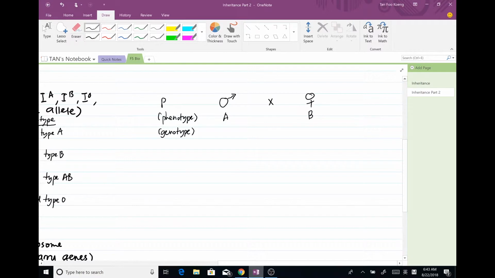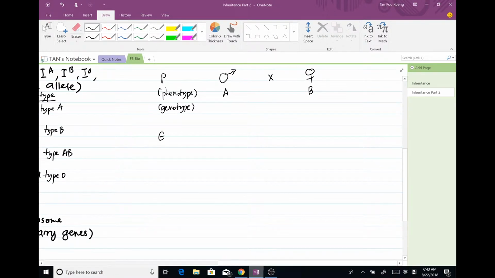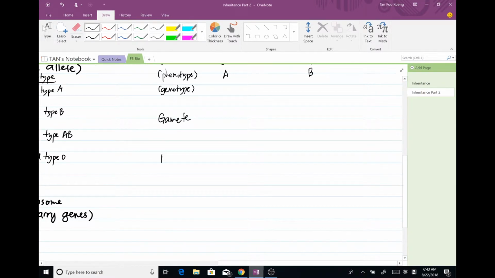We do not know, because it can be IAIA or IAIO. The mother as well, it can be IBIB or IBIO. So I leave it aside first. Now let's see. Since we do not know the genotype, we also can't predict what the gametes are.